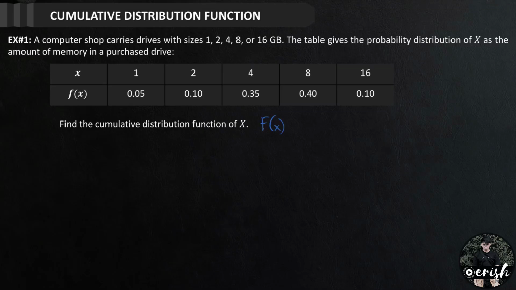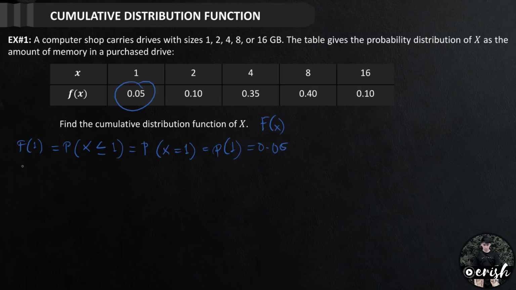So, for F of 1, this is equal to P of x less than or equal 1. And say, yung P natin is equal to x equals 1. So, simply, pwede natin siyang i-write as small letter p na lang, probability of 1. Ang probability of 1 natin is eto, 0.05. So, 0.05 ang ilalagay natin dito.